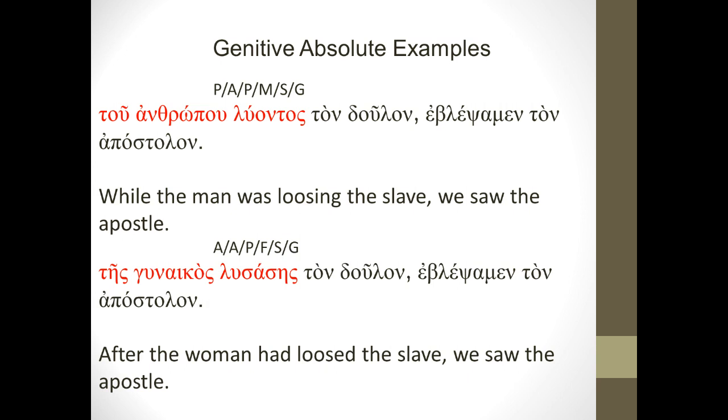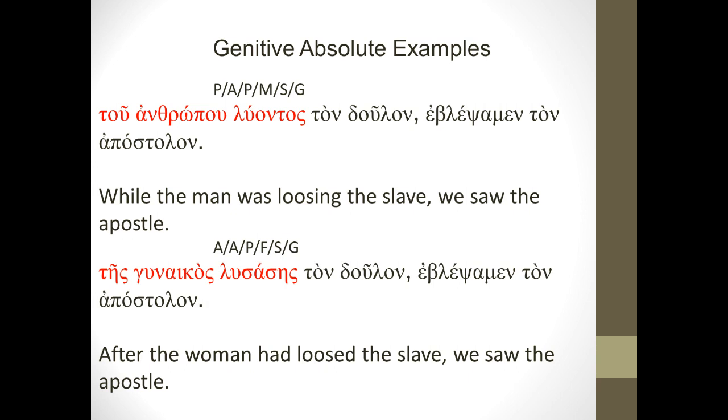But that doesn't make any sense in English. "Of the man of loosing the slave, he saw the apostle." That's because Greeks create this construction known as the genitive absolute. The way we will translate this when we see a string of genitives with a genitive participle, we will simply say, "while the man was loosing the slave, we saw the apostle."